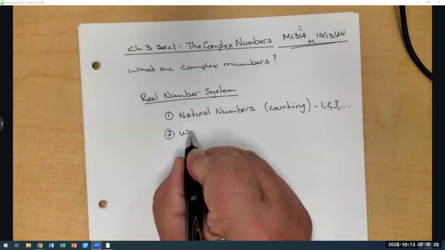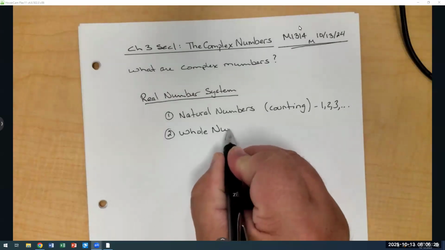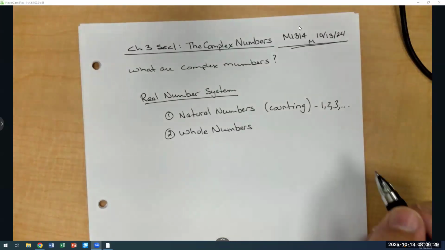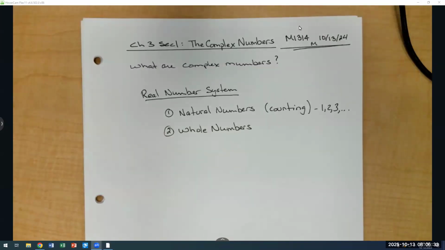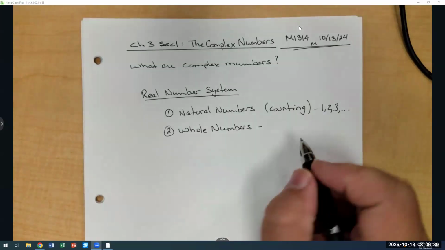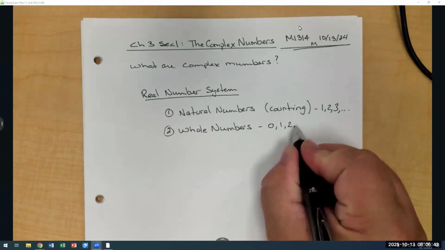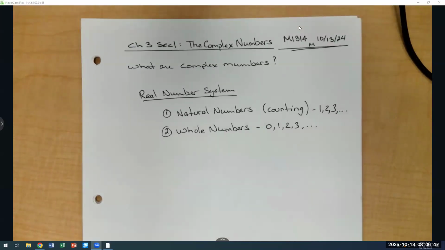Then we went to what's called the whole numbers. The reason they call them the whole numbers is that these numbers begin with 0, 1, 2, 3, and go on forever and ever. Those are the whole numbers.